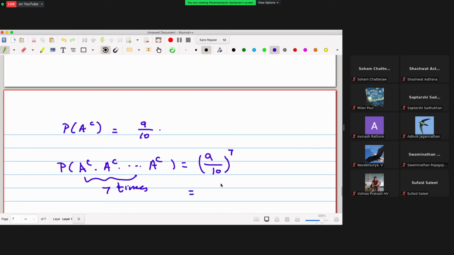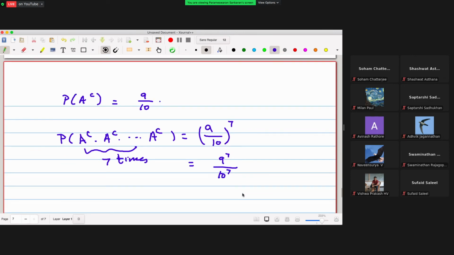And so this of course is 9 power 7 divided by 10 power 7. And presumably, I didn't check it, this must be approximately, okay. So the required probability is, we want A to occur, so this must be, I suppose, approximately 1 by 2.